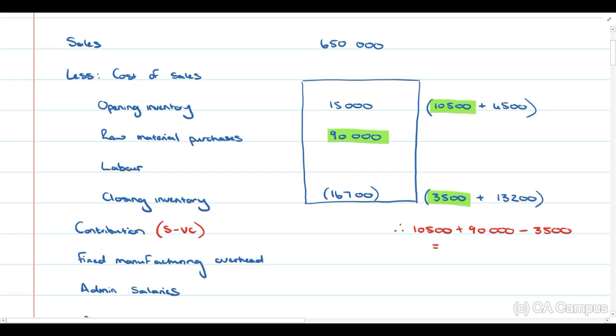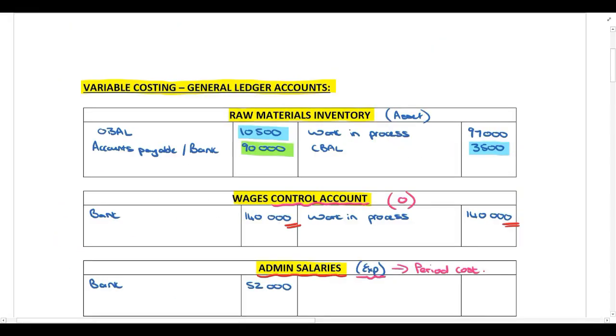This leaves me with 97,000 Rand. So what is that? Go back to your general ledger accounts. That is the actual expense for the month. That is what they actually used in production. 97,000 Rand worth of raw material was issued into production.